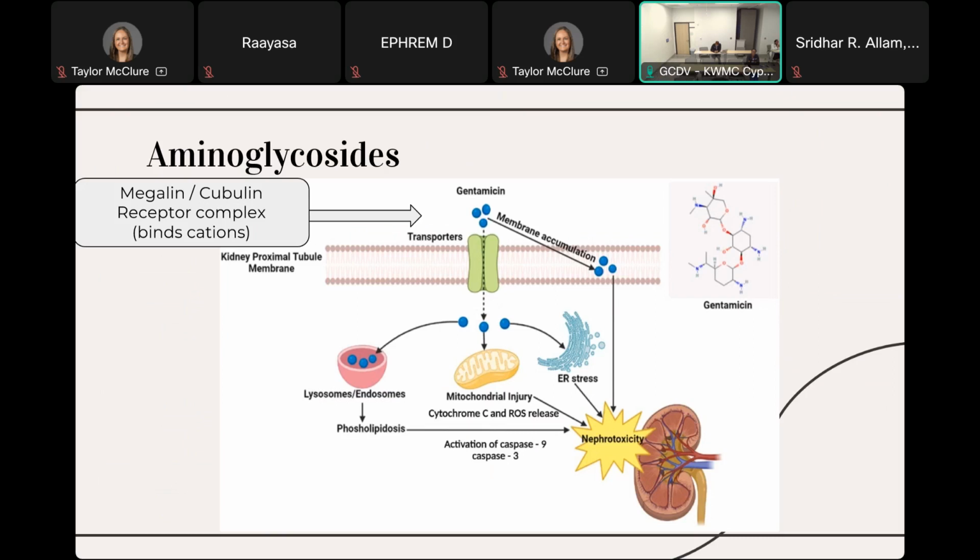Okay, and this can be a board question. The job of this complex is to bind cations. So the aminoglycosides that are filtered are cations; they are positively charged molecules, right? So any excess aminoglycoside that is available here is bound to this transporter and is transmitted intracellularly.